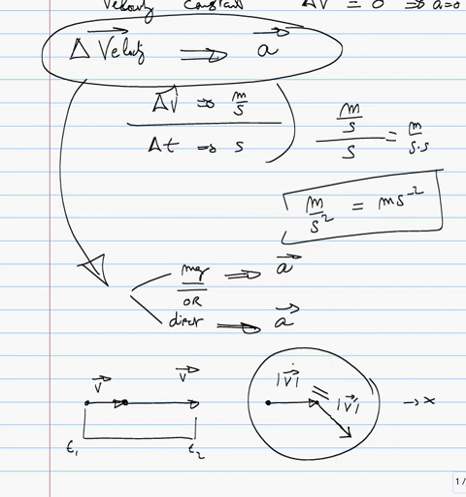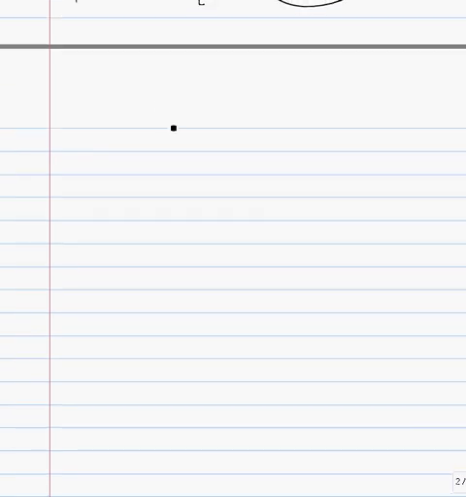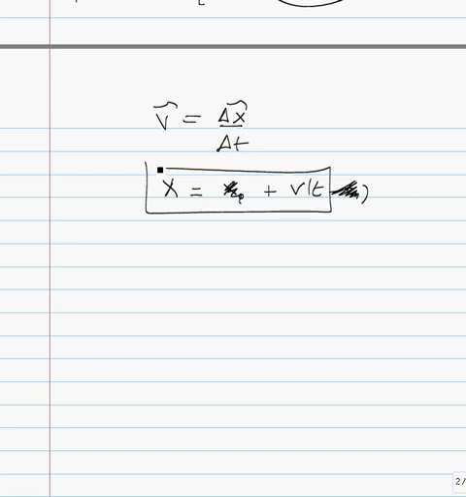The same way as we have rewritten this so that it looks like a line, and we had x equal to x initial plus v times t minus t initial, and we decided to set the initial time equal to 0 and x initial equal to 0, so we had x equal to vt. We can do the exact same thing with acceleration.